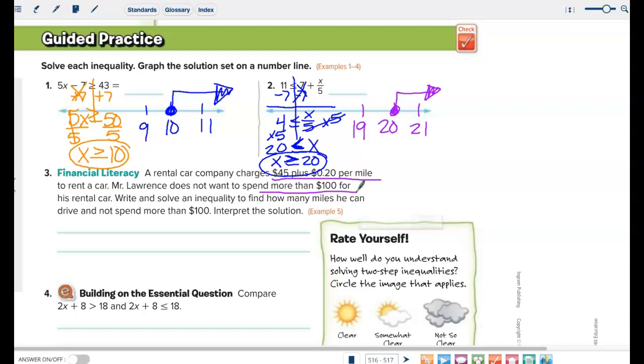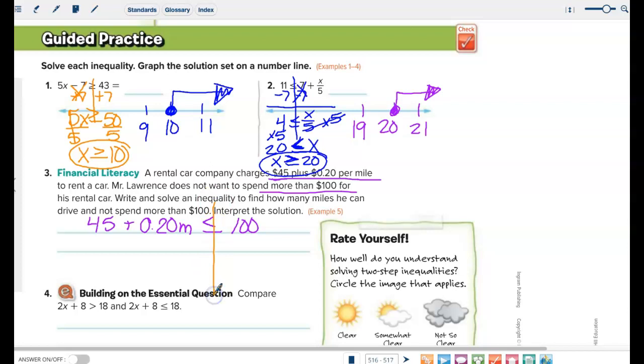Okay, so we have to pay for the rental car, and that is $45, plus we have an additional 20 cents per mile. We don't know how many miles we're going, so let's just put n. But we know that he doesn't want to spend more than $100. He could spend $100, so it could equal $100, but not anything more than that, so we're going to have less than or equal to 100.